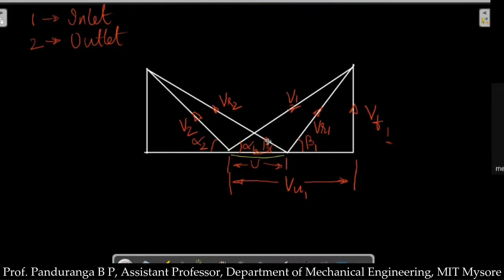Beta 1 and beta 2 are the angles of the blade, and alpha 1 and alpha 2 are the angles of the rotor. Now, v1 we had resolved into horizontal and vertical components, and v2 can also be resolved the same way. The vertical component of v2 we call vf2, and the horizontal component of v2, from this point till here, we call vu2, the tangential component of absolute velocity at outlet.